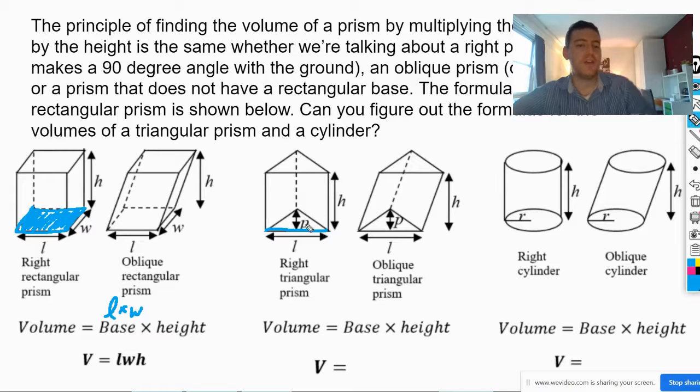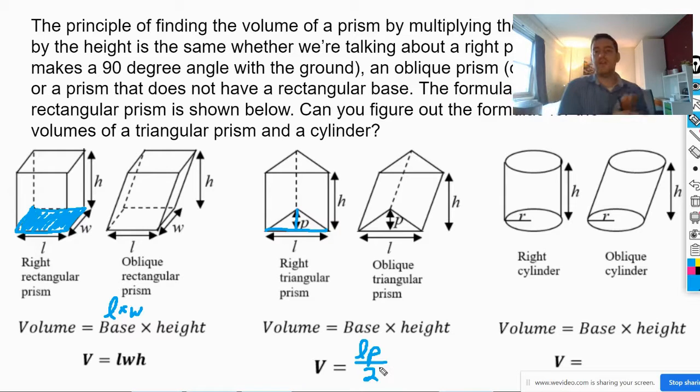I used the letter P sort of as a reminder that the height of a triangle should be perpendicular to its length. Okay, so if this is the height of the triangle, which is P over here, then to find the area of the base, we would do L times P divided by 2.